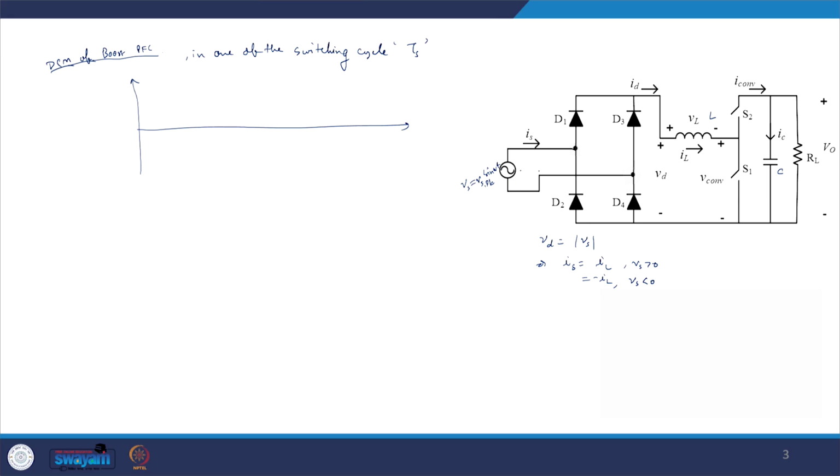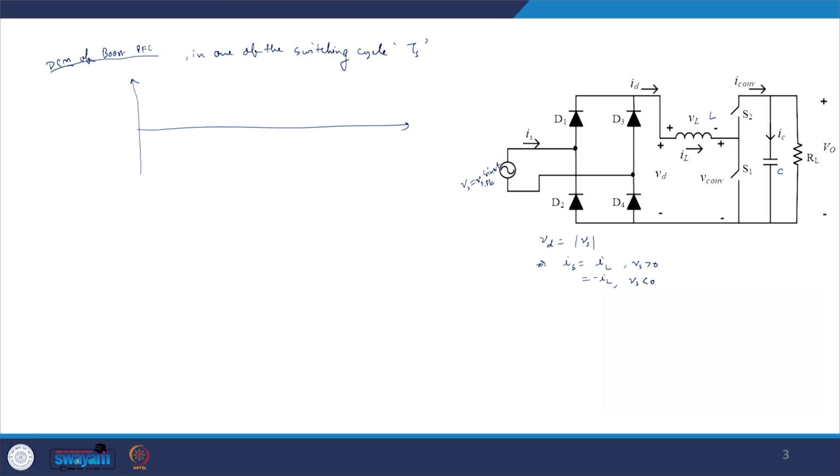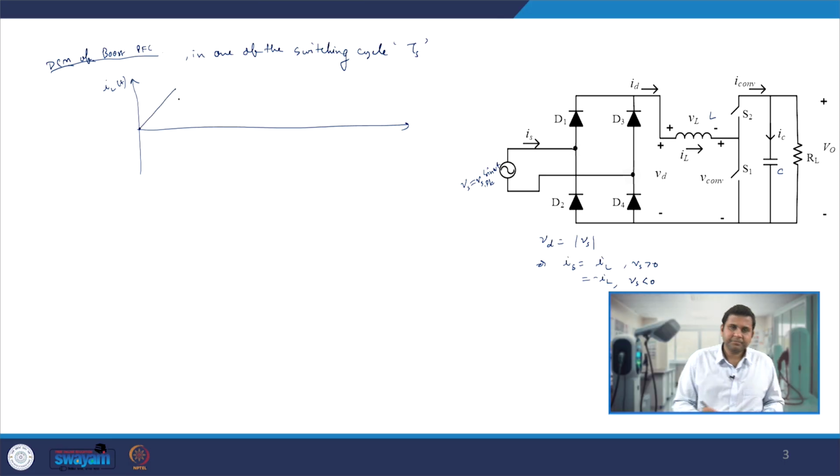Since we have a discontinuous conduction mode, the inductor current goes to 0 in every switching cycle, and it starts from 0 at the start of the switching cycle whenever the positive voltage is applied across the inductor. So if the inductor current starts from 0, it goes to some peak value, let us define this as I peak.